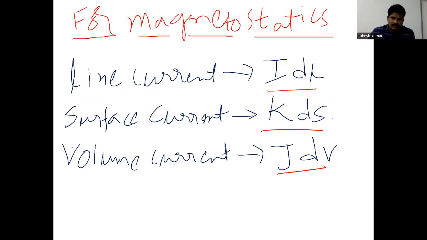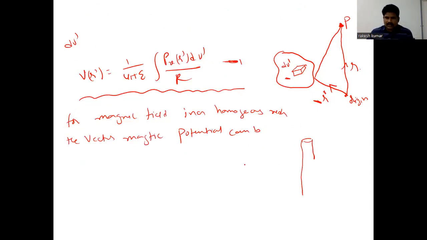Here, for volume current, it is represented with J. So for magnetostatics, let us consider the same thing here. This is J, this is the point of observation P, and this is the origin. It is also at a distance of r dash from the origin. This is r.